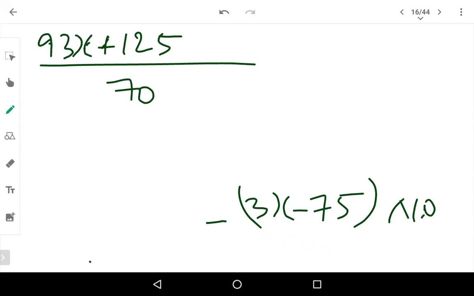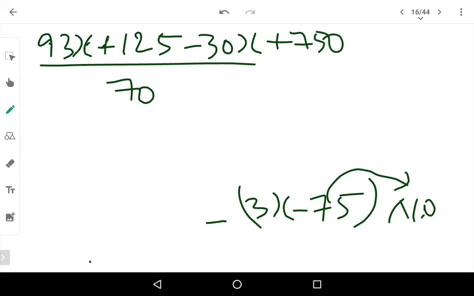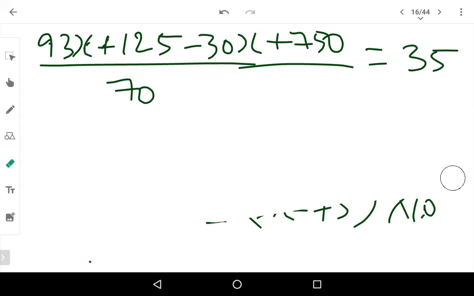So minus 3x into 10 will give you minus 30x, and then minus of minus 75 is plus 75. So 75 into 10 will give you plus 750, is equal to 35. Did you all understand this step? This step is very crucial here for the simplification. Any doubts until here?